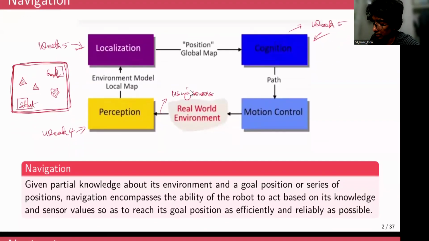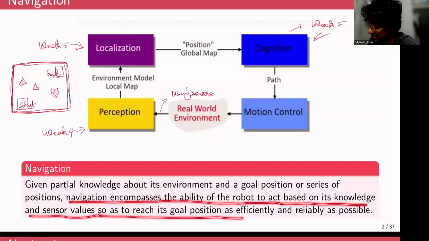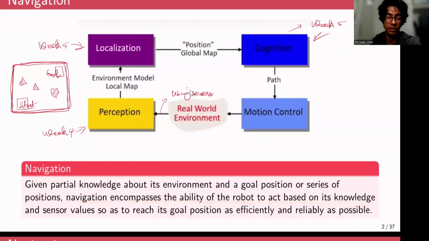The definition given in the course for navigation is: given partial knowledge about its environment and a goal position or series of positions, starting from the start position all the way to the goal position, navigation encompasses the ability of the robot to act based on its knowledge and sensor values, so as to reach its goal position as efficiently and as reliably as possible.